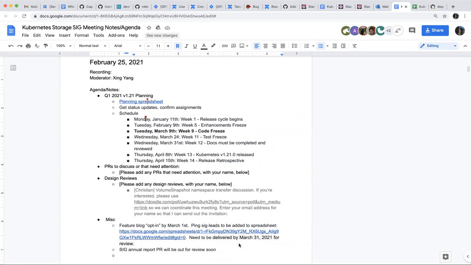There are also two other things that I want to mention quickly. The first one is that we can now do this opt-in feature blog. Every feature owner working on a feature who wants to write a blog for that feature in the 1.21 release can choose to do so.